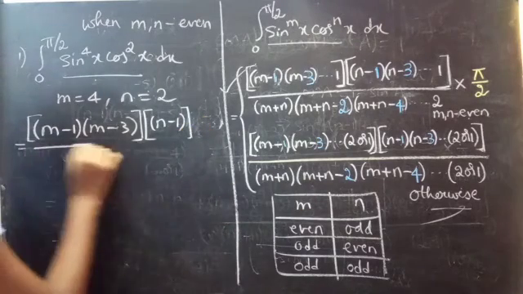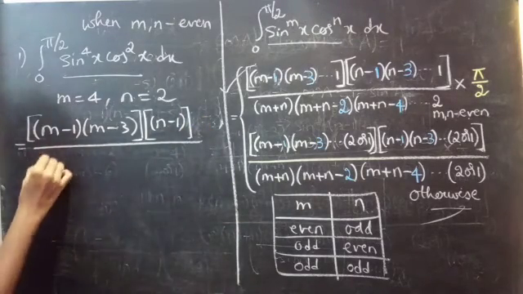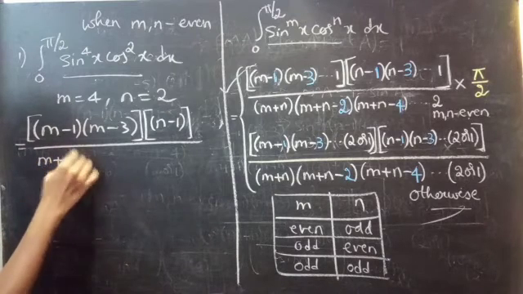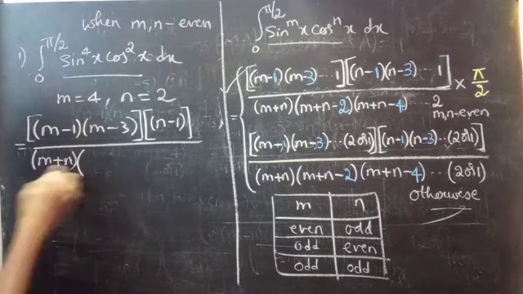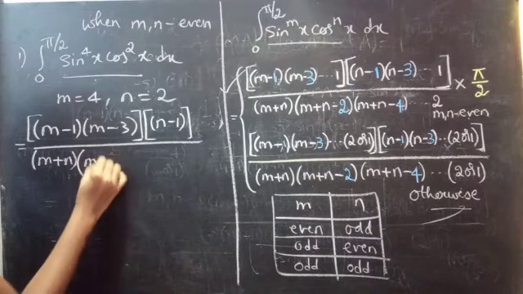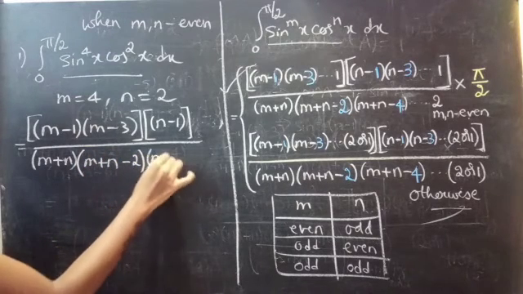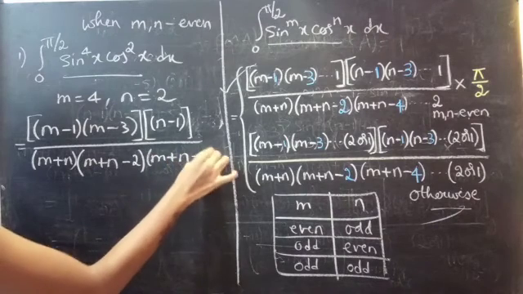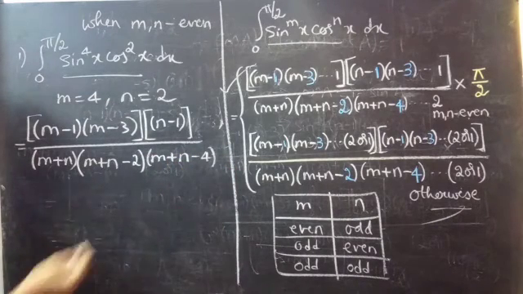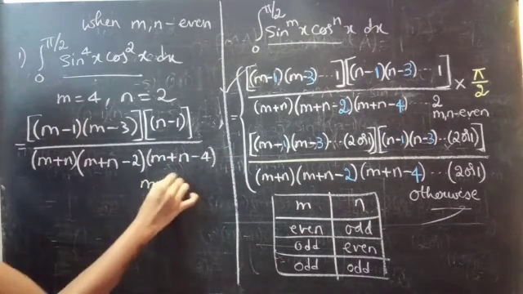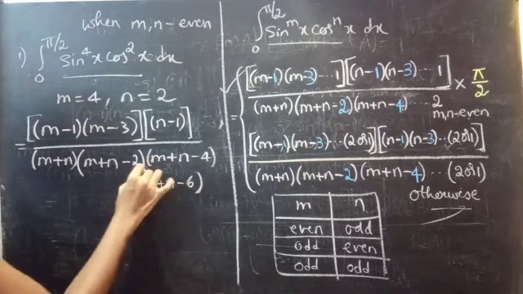Okay. Divided by m plus n into m plus n minus 2, m plus n minus 4, m plus n minus 6 and so on.